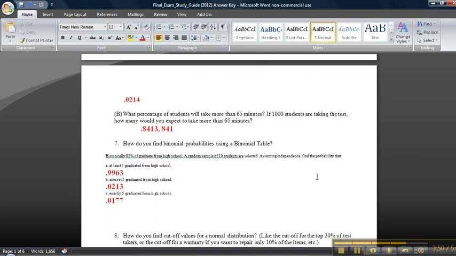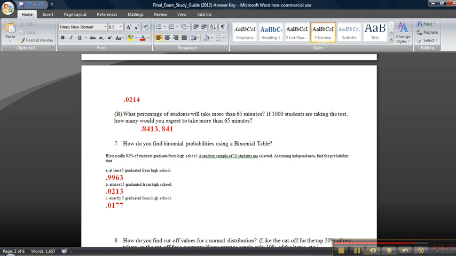Okay. Number 7. How do you find binomial probabilities using a binomial table? Or the problem may say that, but again, you always can use Minitab to do these. It says historically, 82% of students graduate from high school.